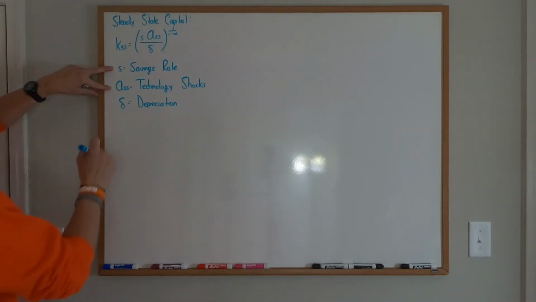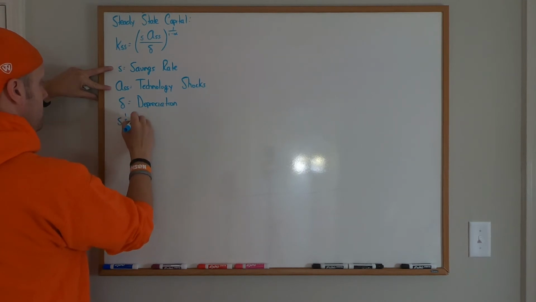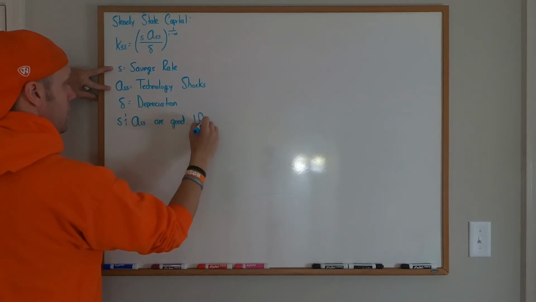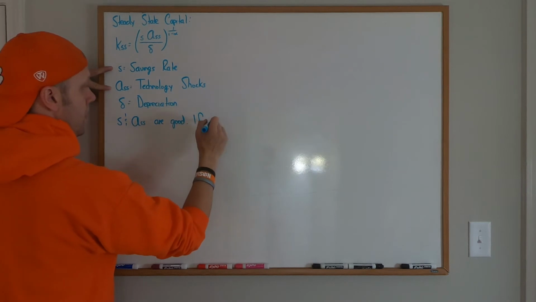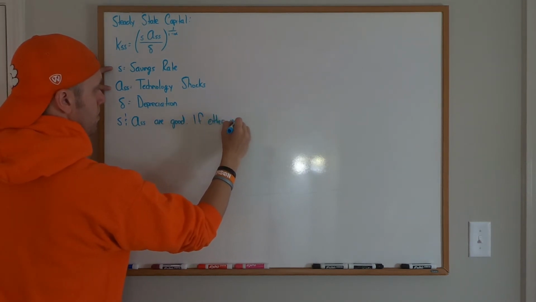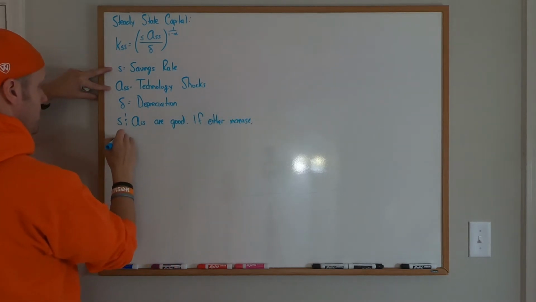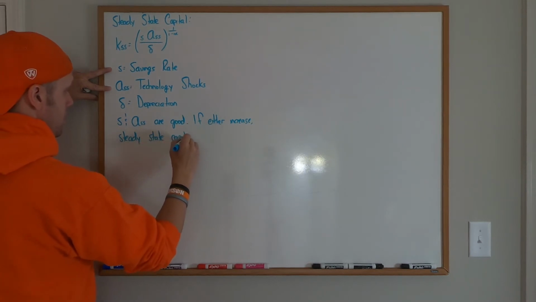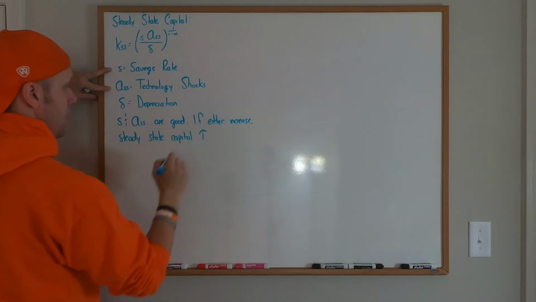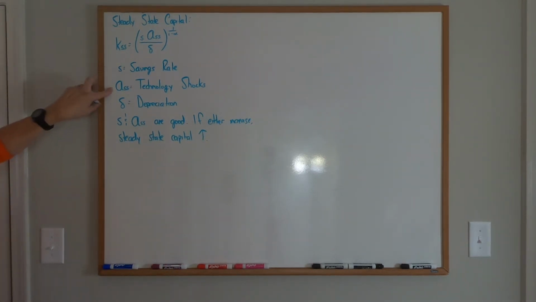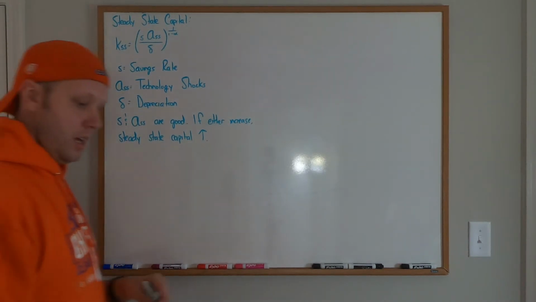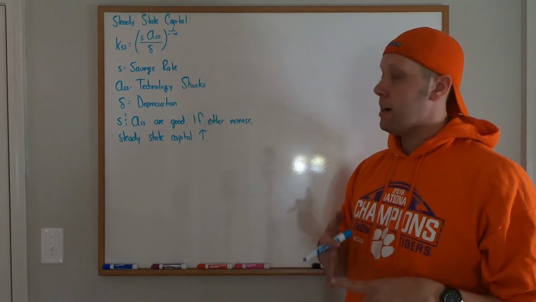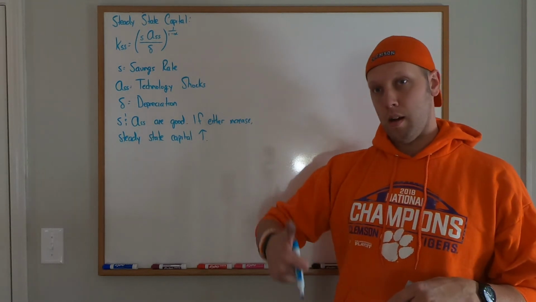Right? These two are good. If either the savings rate or the source of technology shocks increase, meaning if people decide to save more, or if we get new positive technology shocks in the economy, because if A increases, technology goes up.